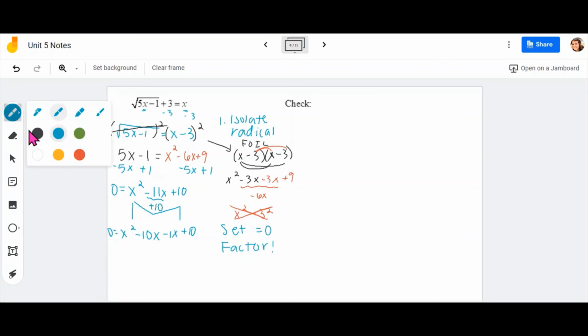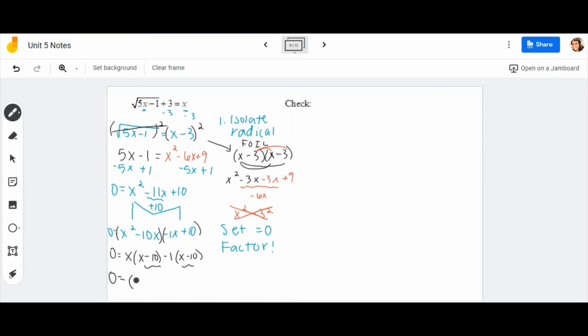Now that I've got 4 terms, I use my grouping method. So I can factor an x out of the first group, and in the second group, I'm just going to factor out a negative 1. And I see that these two groups are the same, which is good. So rewriting, I have the x minus 10 group, and then this x and this minus 1 make my other group.